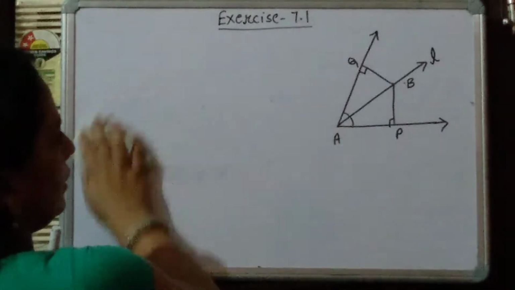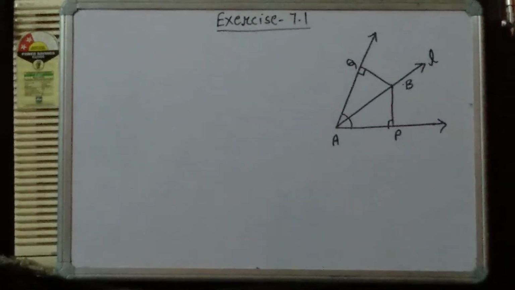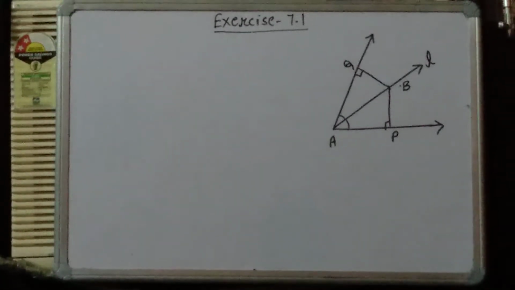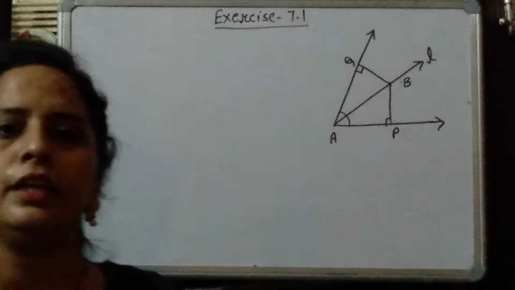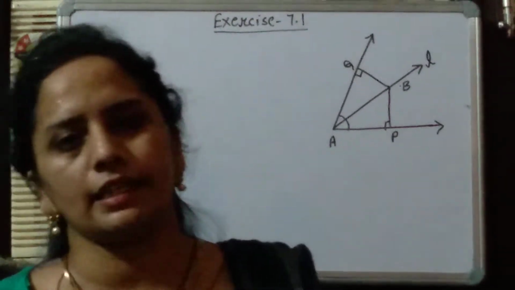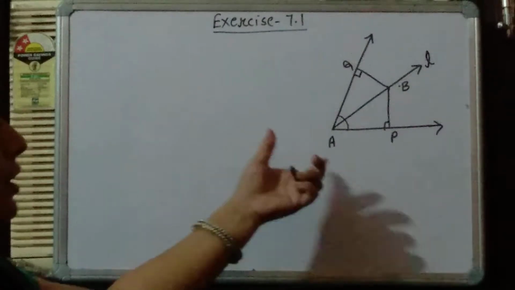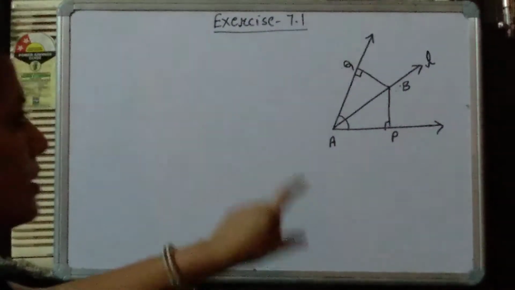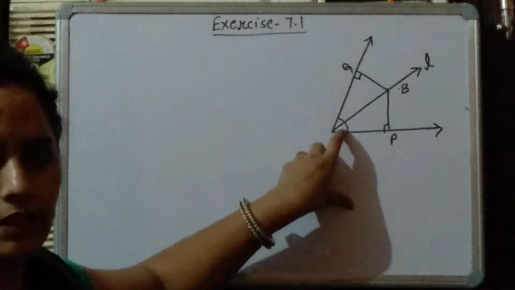This is the figure. As you know, we are doing this question in a systematic way, in which first of all we have to write given. In this point we will write what we are given in the statement. So in this question you are given a line L which is a bisector of this angle.